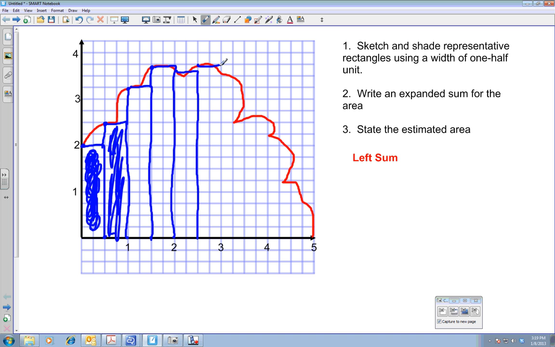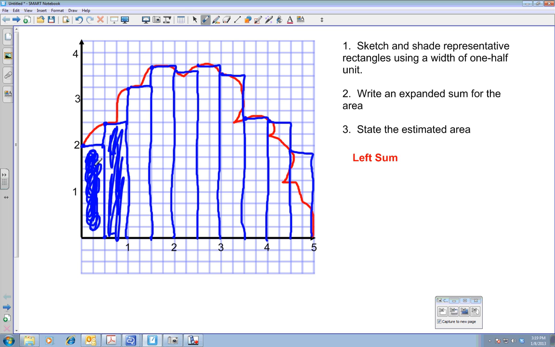This one would be here. Here's my next one. My next one touches here. Here's my next rectangle. Find my graph. Here's my last rectangle.